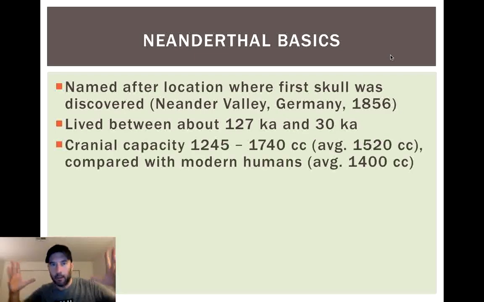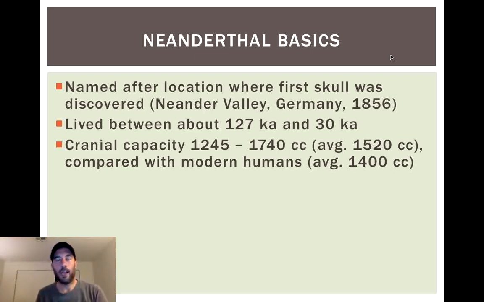Their cranial capacity, which is a proxy for brain size, was actually on average larger than modern Homo sapiens. We don't know what that means. It could be that we just have a really small sample size, and so it doesn't represent the overall variation very well.